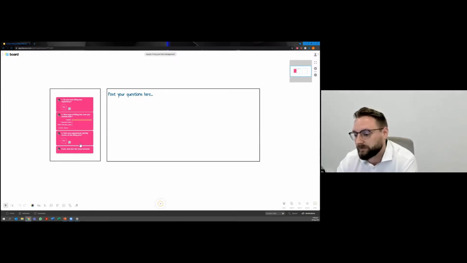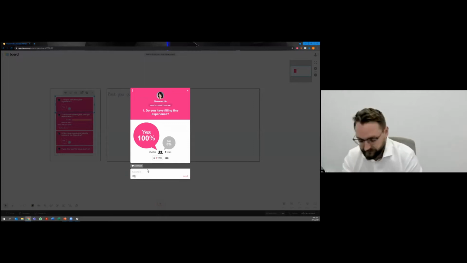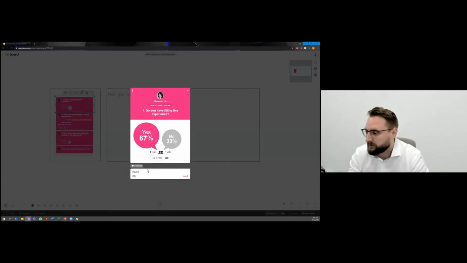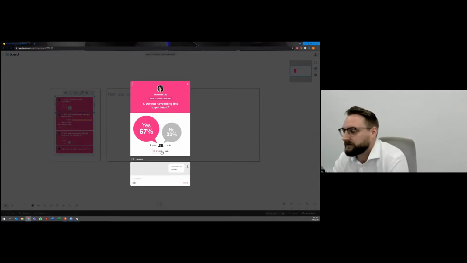For this poll, you can just double click onto the item and it should pop up. Can everybody see that? Then you can vote yes or no, and you can also add a comment. If you're not sure, you can say maybe, and you can post that comment as well.